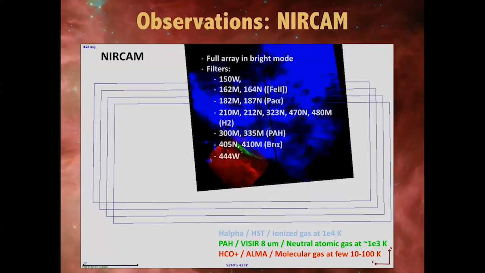We also have filters on the molecular gas, so H2, in a variety of lines. We also have the PAH filters, and I forgot to mention the iron filter for iron 2. And so we also will have some continuum filters as well to look at the dust continuum.